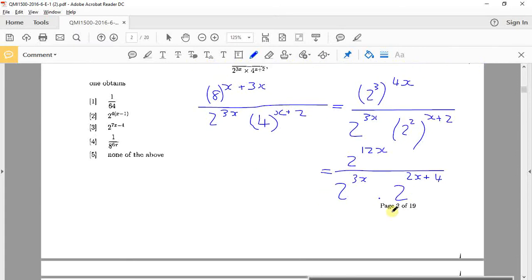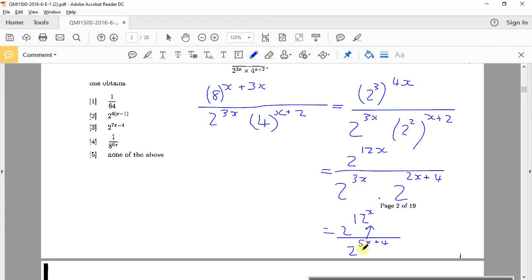Now I need to add up all of that. So that'll be 2 to the 12x over, those I can add together. So 2 to the 5x plus 4. Now looking at this, I can take that to the top. Do you agree?